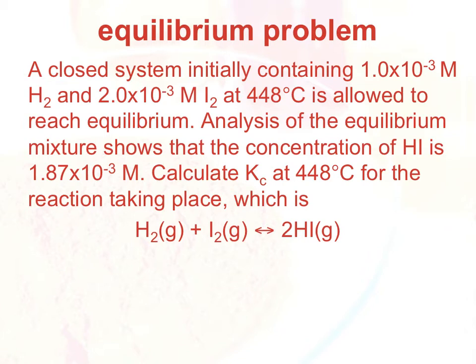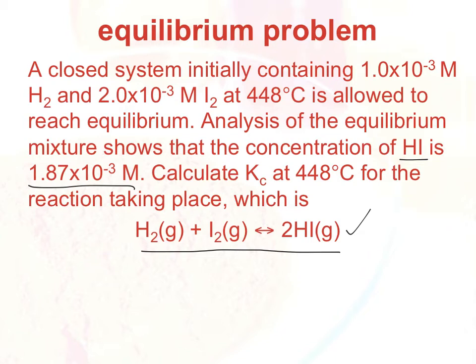Now, analysis of the equilibrium mixture tells us that we have a concentration of HI that corresponds to the 1.87 times 10 to the negative third molar concentration seen here. Now they want us to calculate Kc, the equilibrium constant at 448 degrees C for the reaction seen here. So we have our equation.